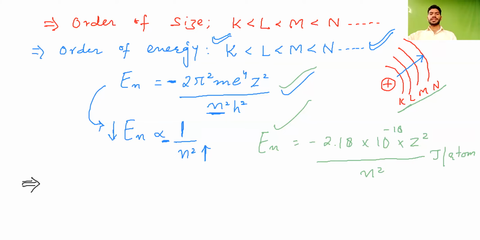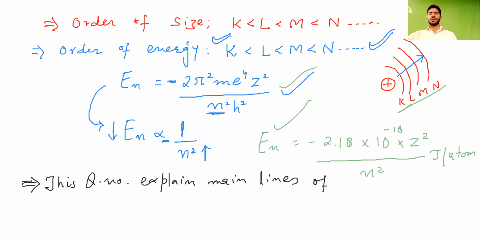Just write like this: this quantum number explains many lines of spectra. So when we take the spectra of an atom, we get various lines, the many lines. Those many lines can be explained with the help of this principal quantum number.